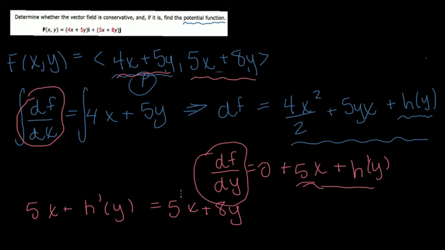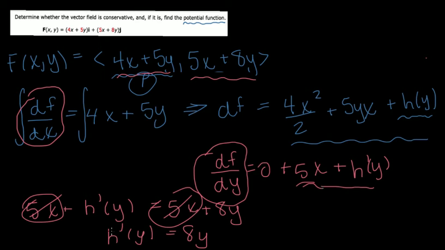So if these are equal to each other, this would cancel, and we'd have h prime of y is equal to 8y. Now, to solve what h of y originally equals, this is going to end up as our potential function.